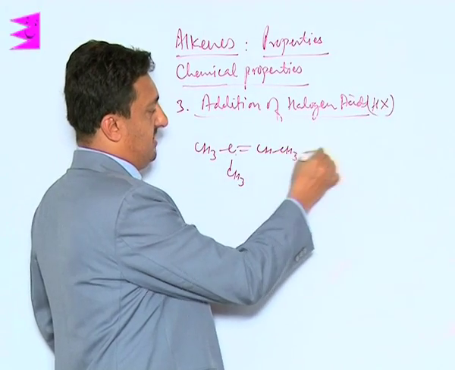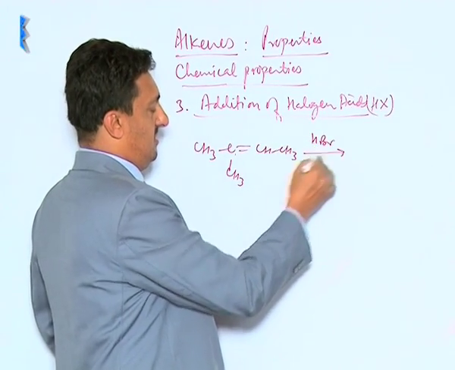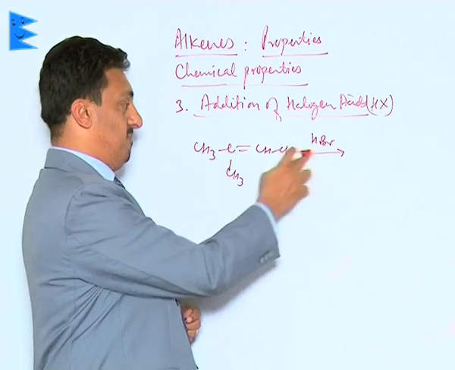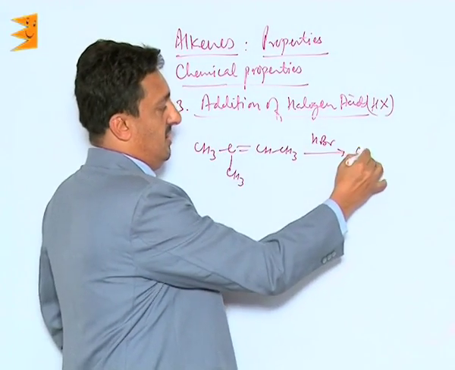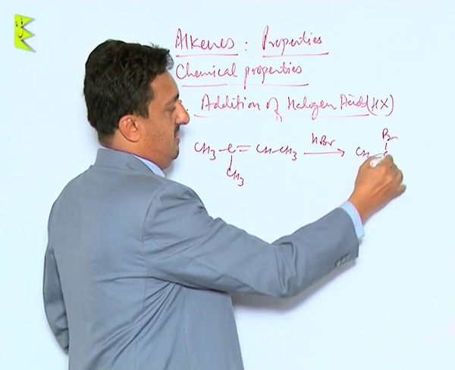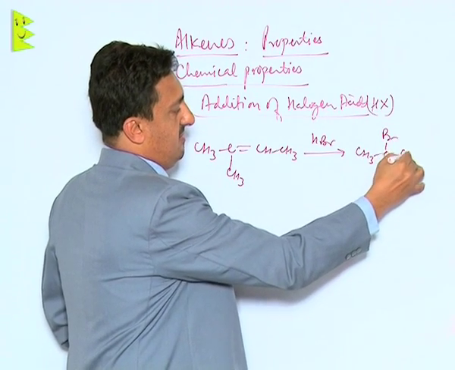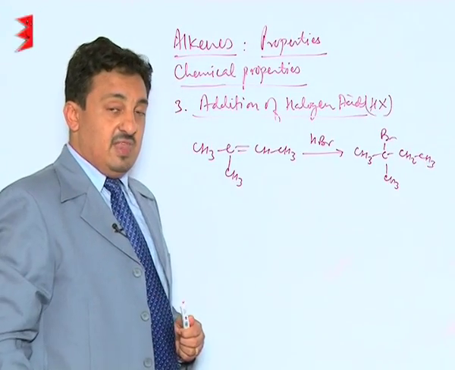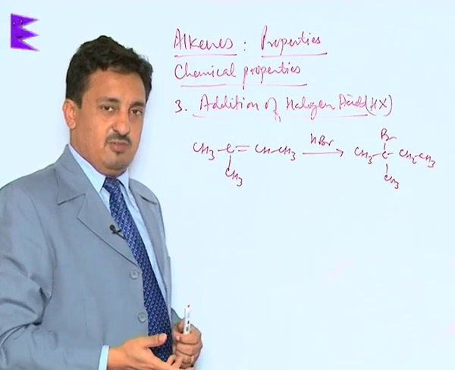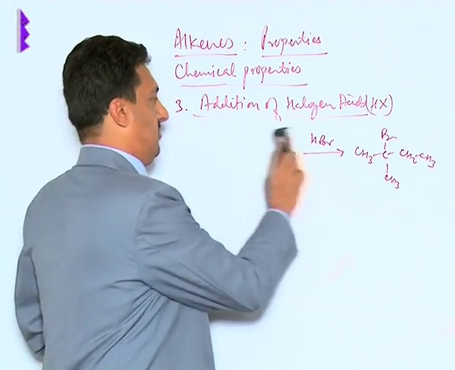Suppose we have this alkene and we have HBr. Of course the Br will go to that carbon atom which is more substituted, this one, and in this case we get the product CH3-CHBr-CH2-CH3. But we have a very opposite effect of Markovnikov's rule, which is also called the anti-Markovnikov rule.